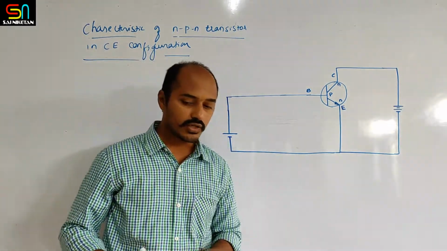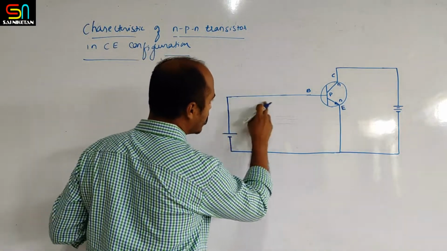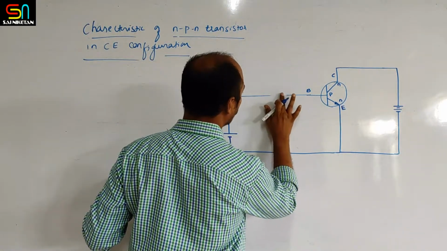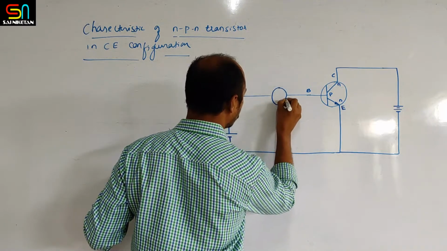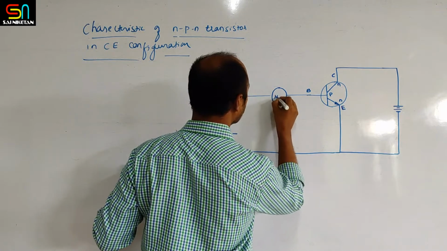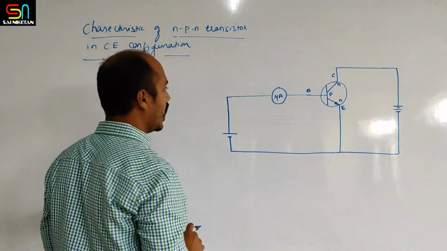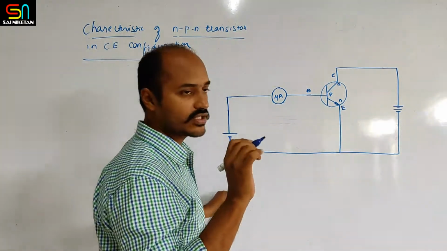Now we have to measure the current flow here. So we have to connect a meter here that gives the current in microampere, and the most important thing is the direction of current.